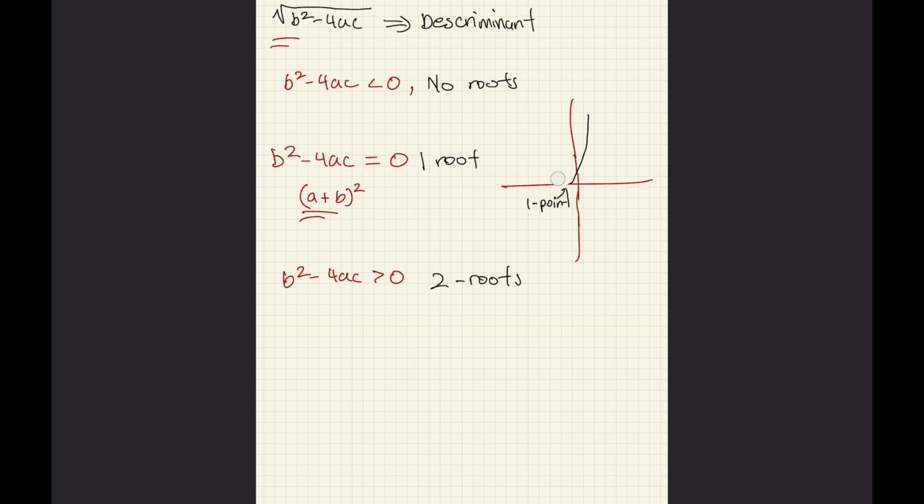What does this look like? Well, if we draw it out, we get something that passes the x-axis twice. So our root will be there and our root will be there. We'll have two roots, and that's when b squared minus 4ac is larger than 0.